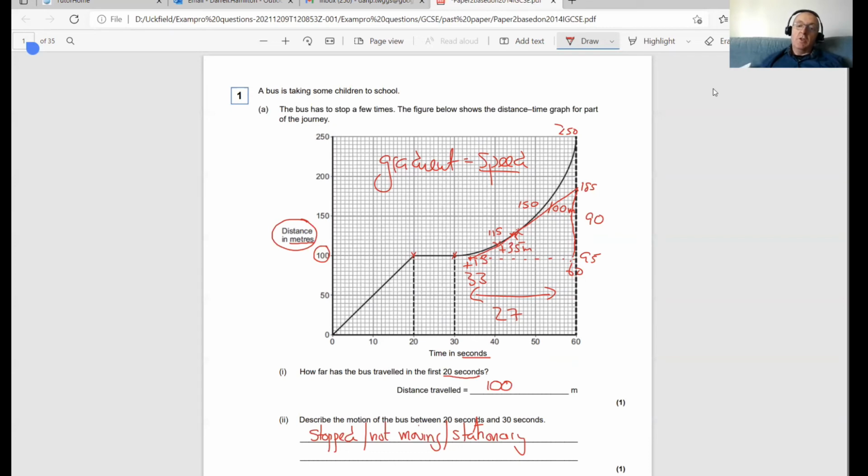Draw the longest tangent you can. So I would have drawn my tangent maybe down to here if I could have done it in a straight line. Draw the longest tangent you can and work out the gradient, which is the vertical change divided by the horizontal change, and that will be your speed. So that's that bit.